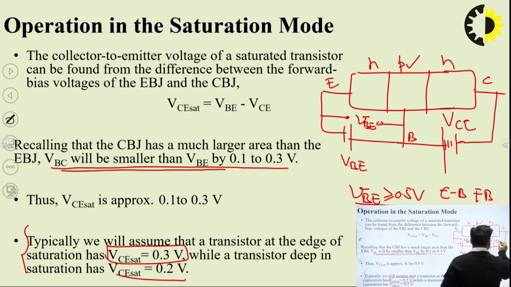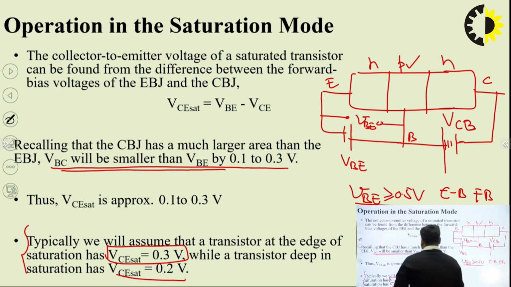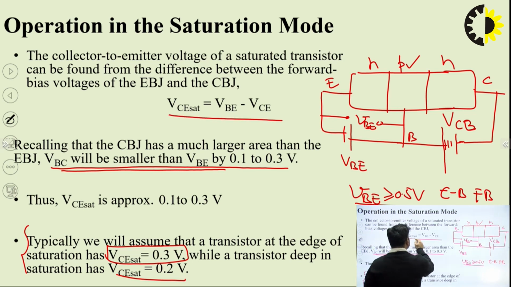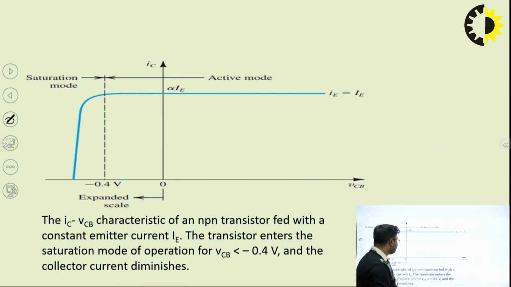So, this is VCB, the condition for VB. For saturation mode, VCB should be equal to VBE minus VCE. So, this is the condition of saturation mode operation of BJT.